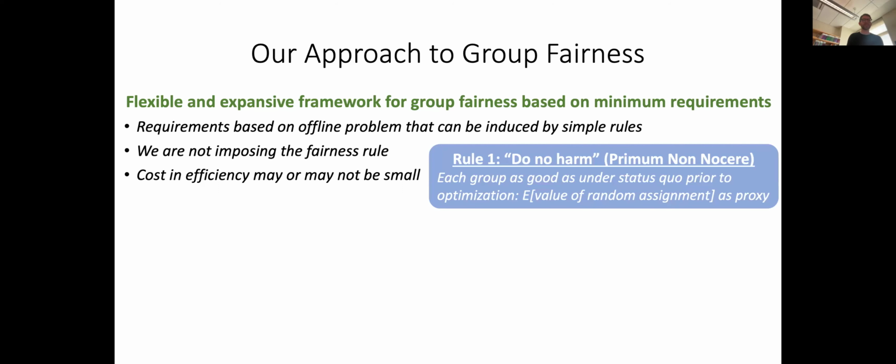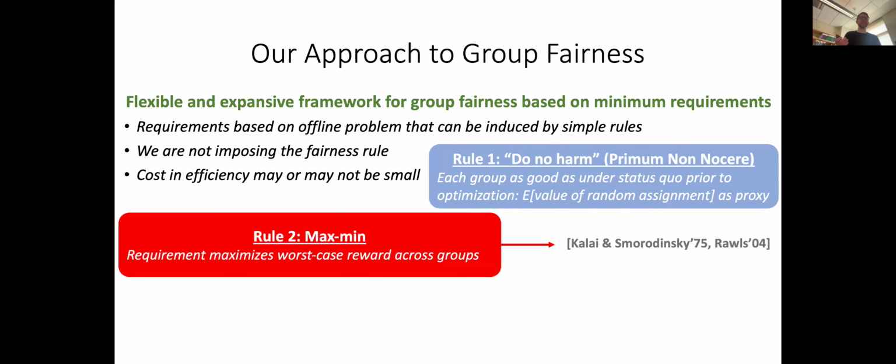Now, there are different such rules you can think of. The first one is the do no harm we've discussed before. The second one, a very common rule in fairness, would be max min. So we want to ensure that whatever we do globally in terms of how we assign refugee cases, it should be the case that the minimum average outcome for any group is as large as possible.